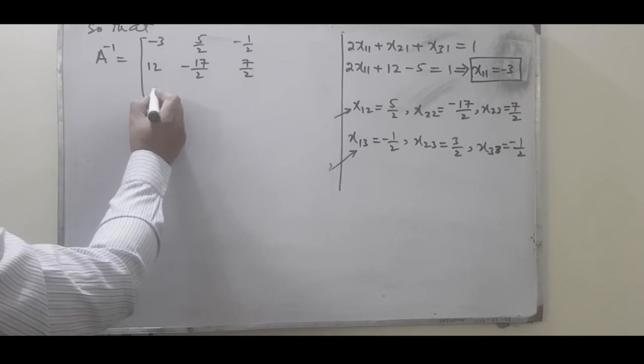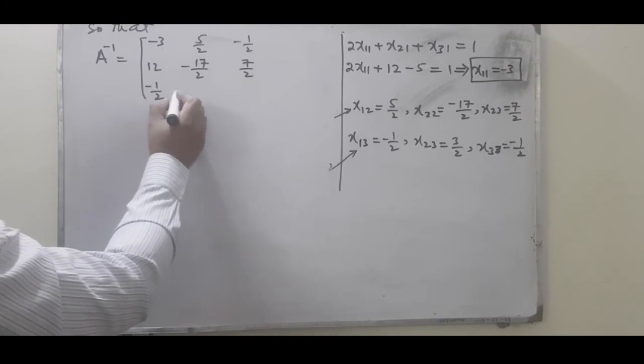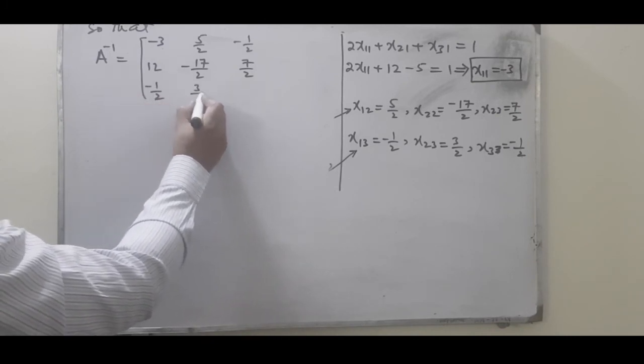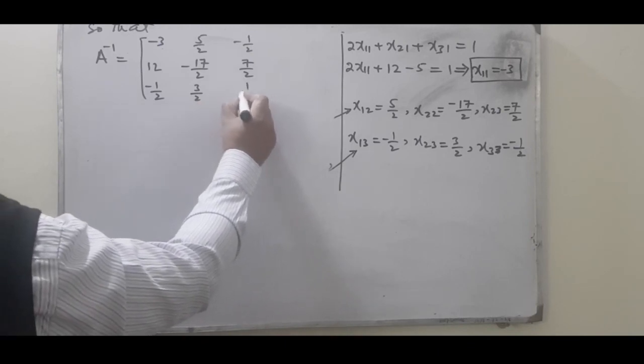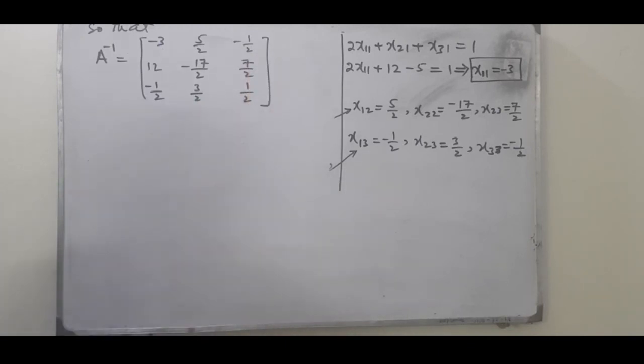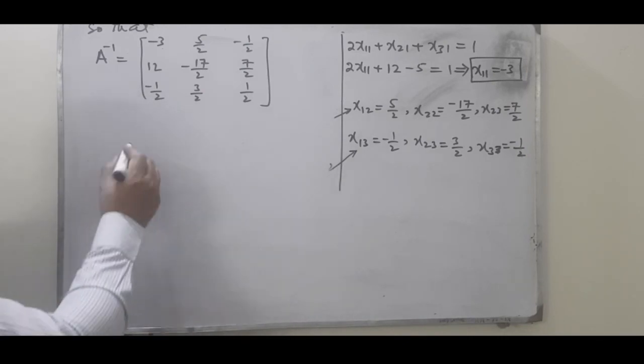Next x13 is minus 1 by 2, x23 is 3 by 2, and x33 is minus 1 by 2. Okay, so this is going to be the ultimate inverse for the original matrix A.